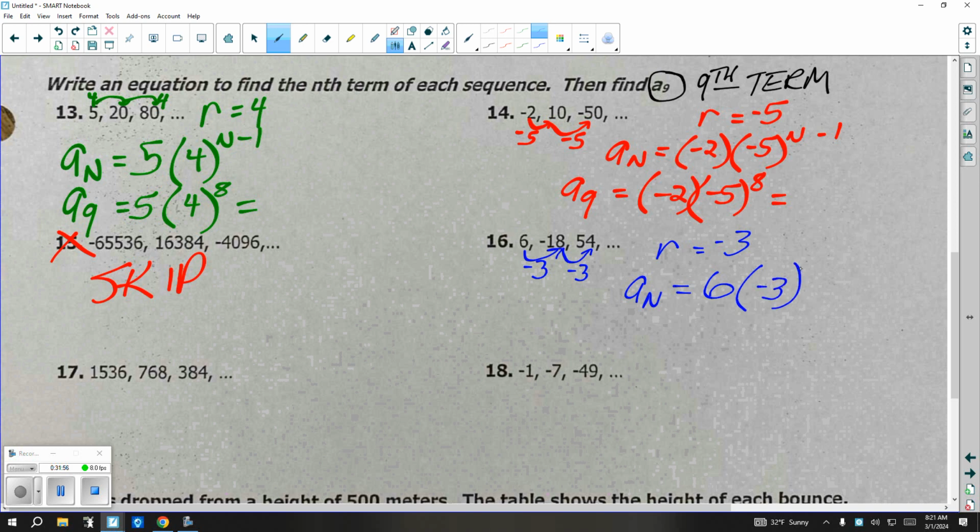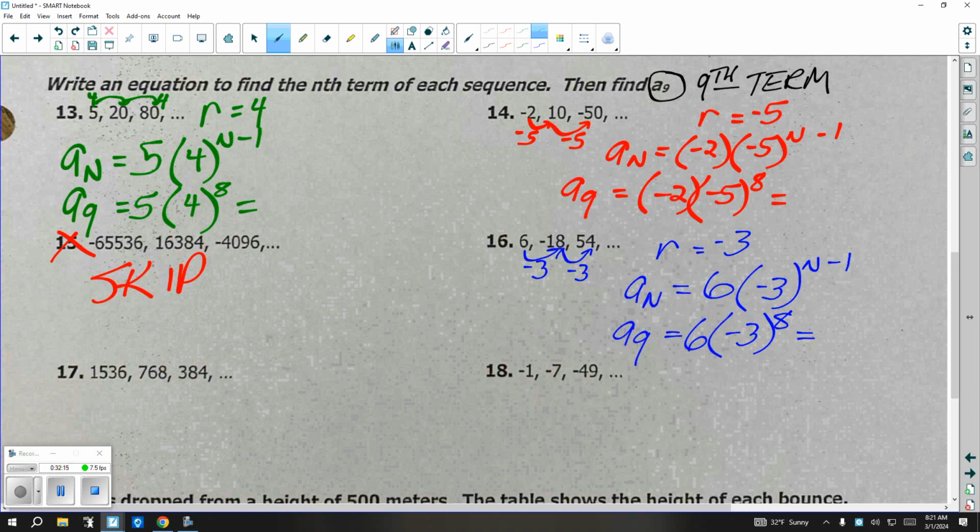So to find the 9th term, we're going to take the first term times R to the 8th, because it's 9 minus 1. And you're going to figure out that value.